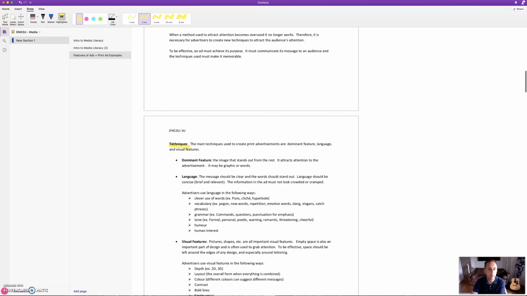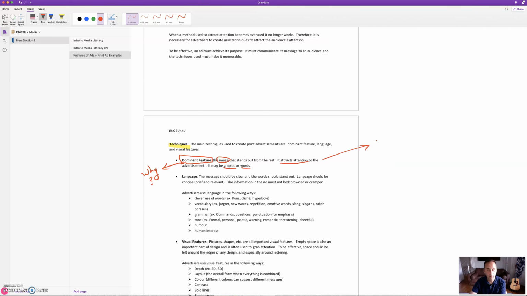Now the techniques I will get into a little bit in more detail to explain some of these. So think about what is the dominant feature. We mentioned this before, and why did they choose that? Ask the why question, okay? So maybe it's an image that stands out from the rest of the ad. Think about whatever attracts our attention the most. It could be graphical, it could be word-based, right?